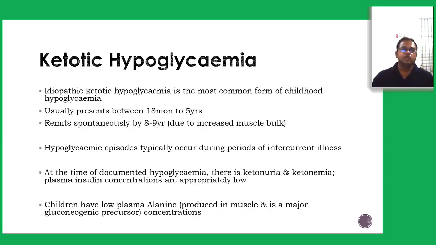So a few words about idiopathic ketotic hypoglycemia. It is the most common form of childhood hypoglycemia. So you must have seen these children. Usually they were unwell and they don't get their dinner properly, or their mothers might come and say they didn't have anything for dinner the previous night, and then the following morning they get this hypoglycemic episode, or they can throw a convulsion, or they can become drowsy, sweaty, and have other features of hypoglycemia.